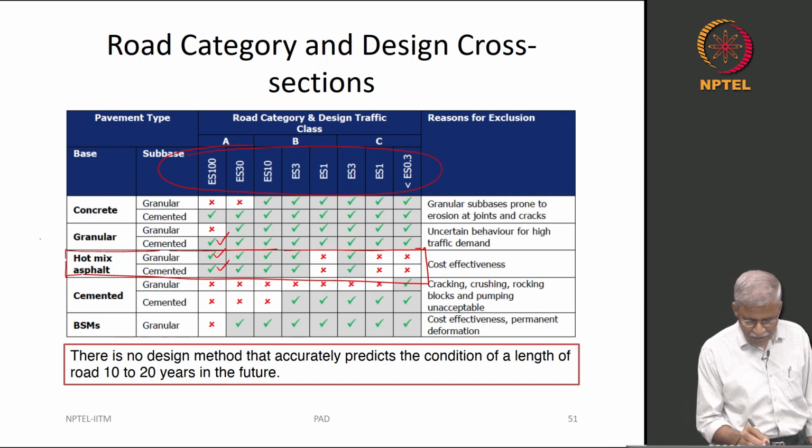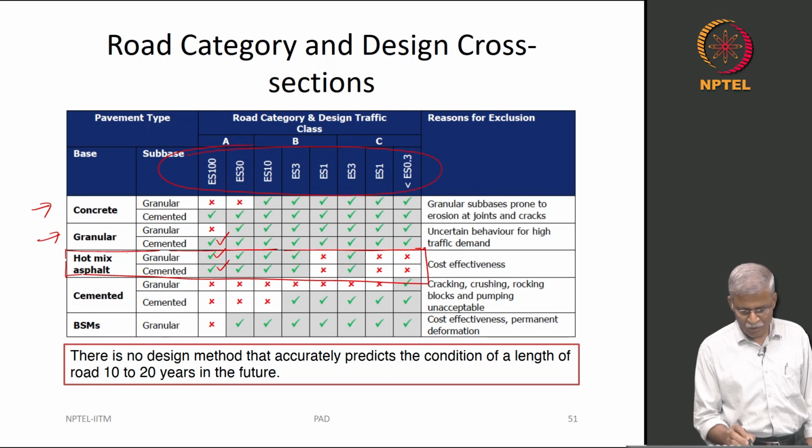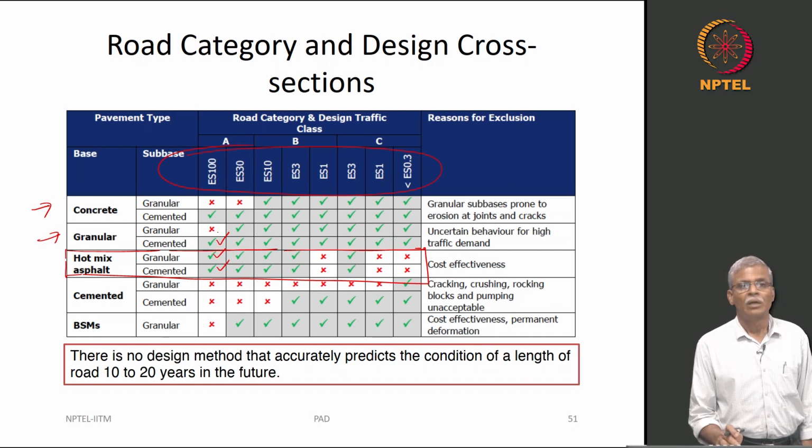cemented. So, there are many bases that you can have. If you have a granular base, they want you to use a cemented one. Similarly, if you want to use the base category as hot mix asphalt, the sub base is going to be granular.